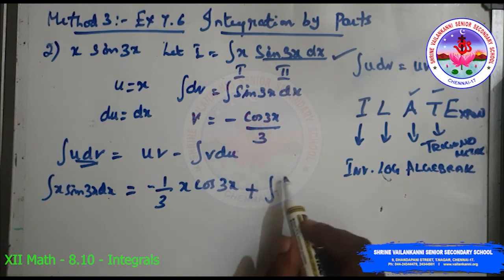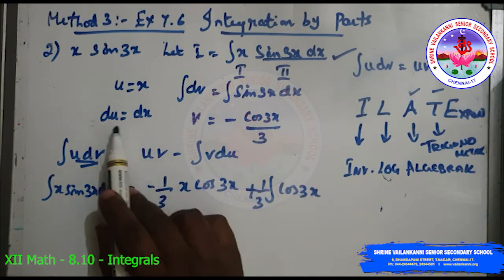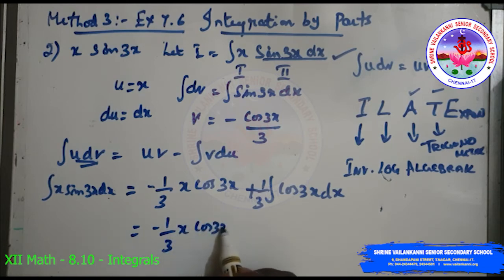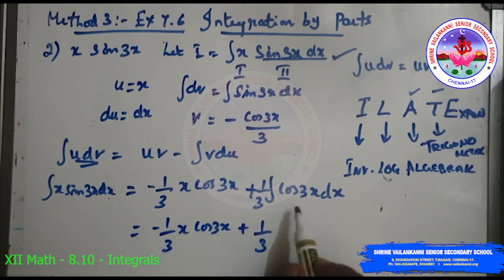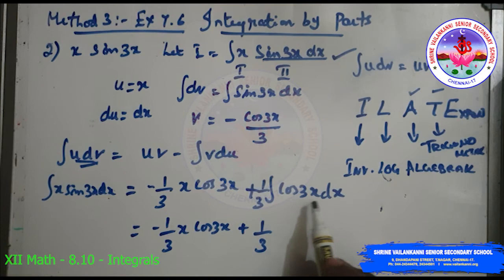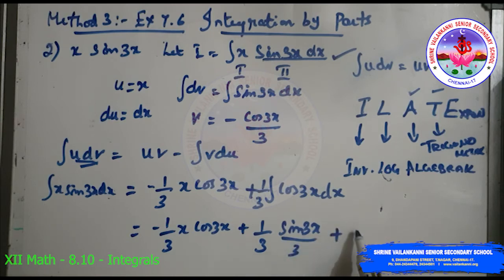So minus into minus plus 1 by 3 of cos 3x, du is dx. So which is equal to minus 1 by 3 x into cos 3x plus 1 by 3 integrating cos 3x dx, that is, integral of cos x is sin x. So integral of cos 3x is sin 3x by 3, plus c.